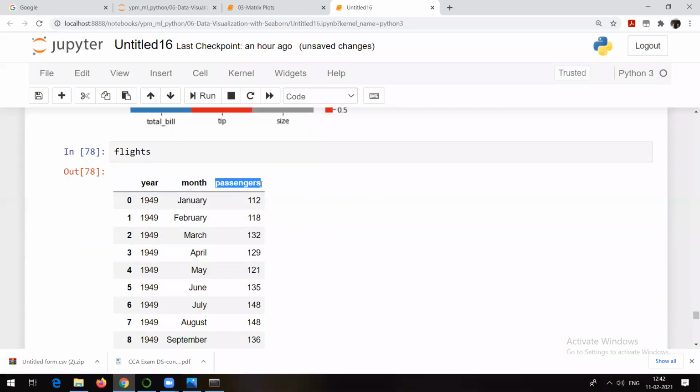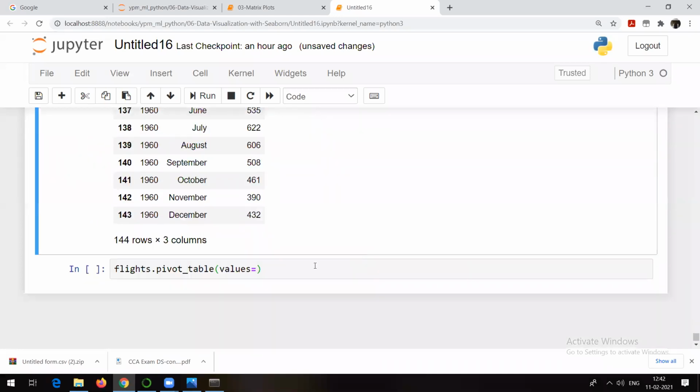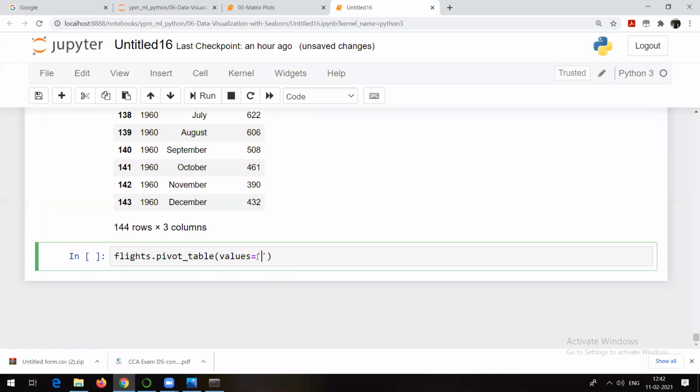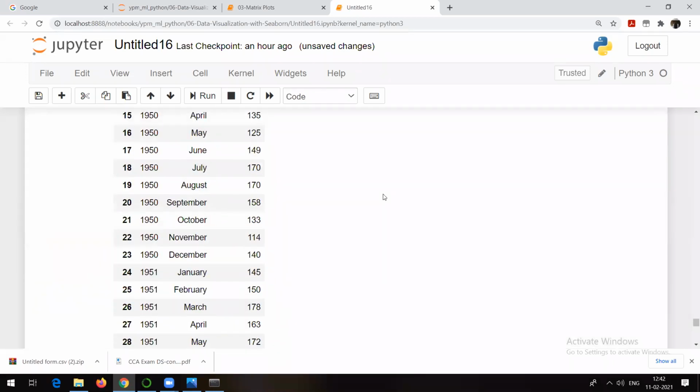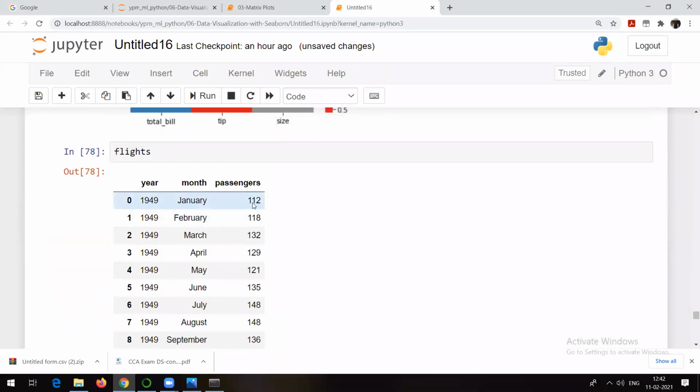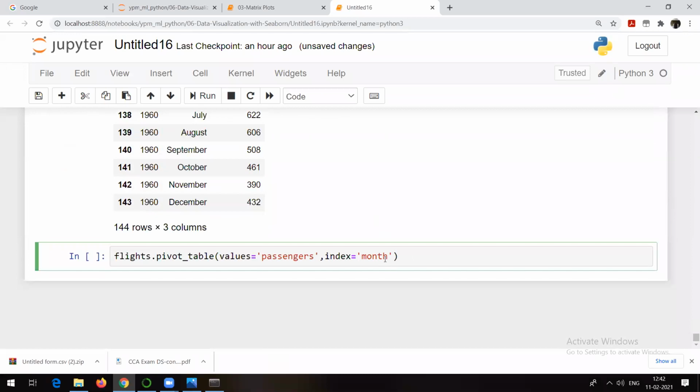So I will just copy this particular thing, and values equal to passengers I will put. That is one. Now what do I want as an index? Index I want as the month column, right? Let me check if it is right. Month, yeah, everything in lowercase. And then columns, I want columns as year.